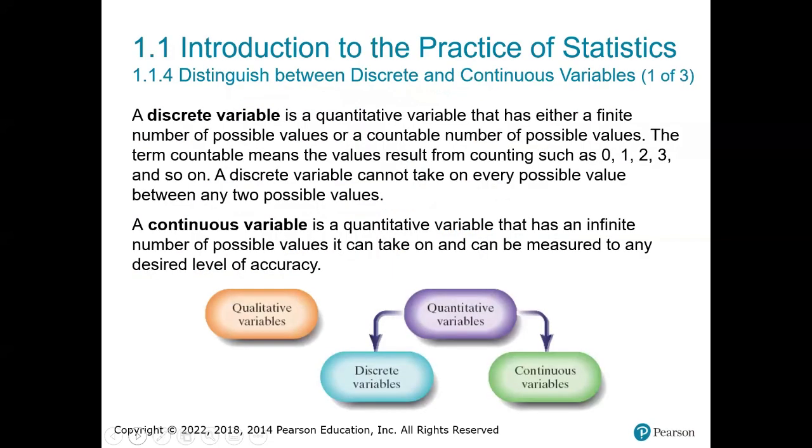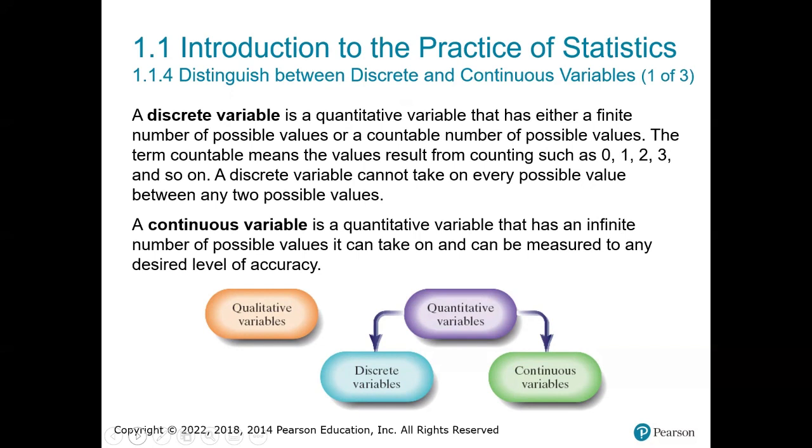All right, so from these quantitative variables, we can break them a little further. Number data can be broken into two different groups. One of those is discrete. Discrete is a quantitative variable that has a finite number of possible values, meaning countable.